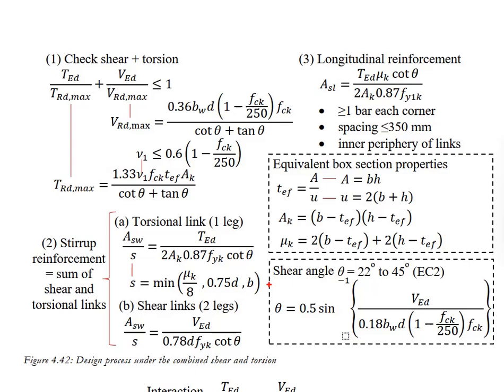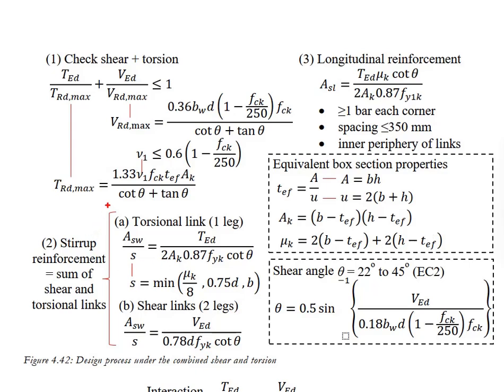Therefore, while calculating the resistance from the shear, you need to get the strut angle using this formula. The same strut angle will be used for the torsional load. Once this passes, only then can you proceed with the subsequent design.